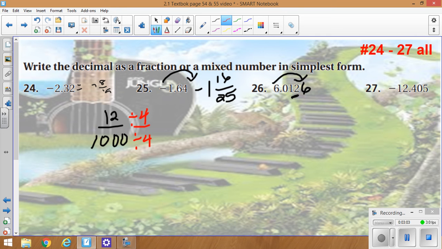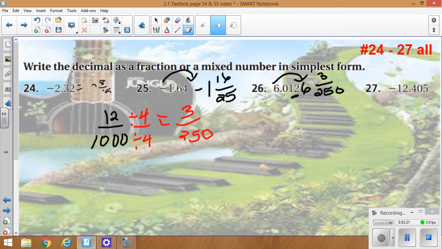So 12 divided by 4 is 3, and 1,000 divided by 4 is 250. So the final solution is 6 and 3 over 250. Okay, if you need any of the work, please pause now because I'll be deleting it.